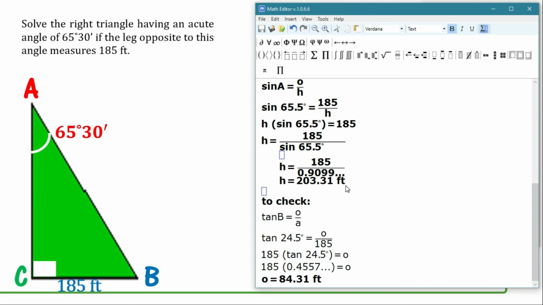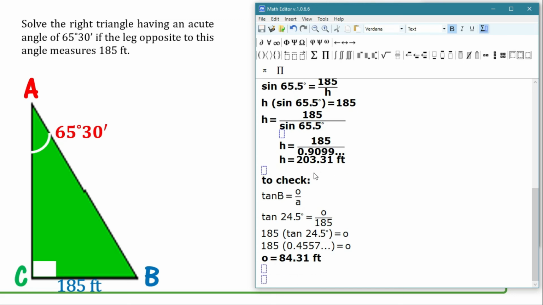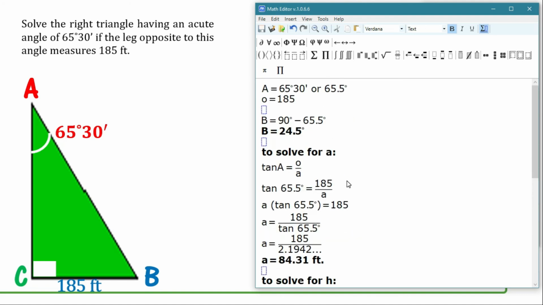So, now, let us try to check whether our hypotenuse is correct or not. Okay? So, mas madaling paraan, or we can simply double check the measure of the hypotenuse, of course, by the Pythagorean theorem para hindi na tayo mahirapan.